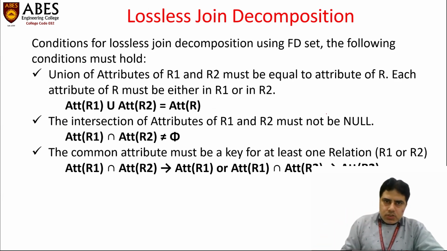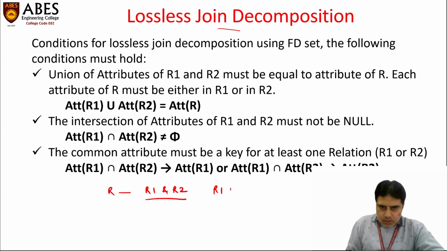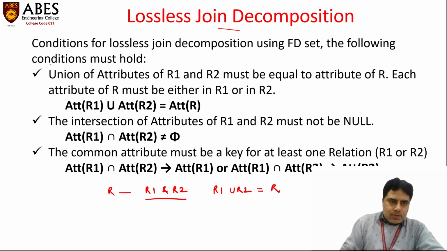There are three conditions that must hold for lossless join decomposition. When we decompose relation R into R1 and R2, then R1 union R2 must be equal to R. This is the first condition.